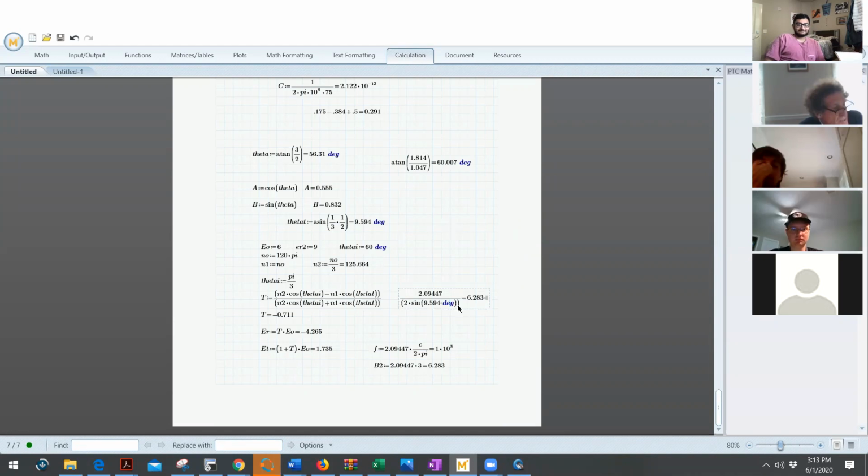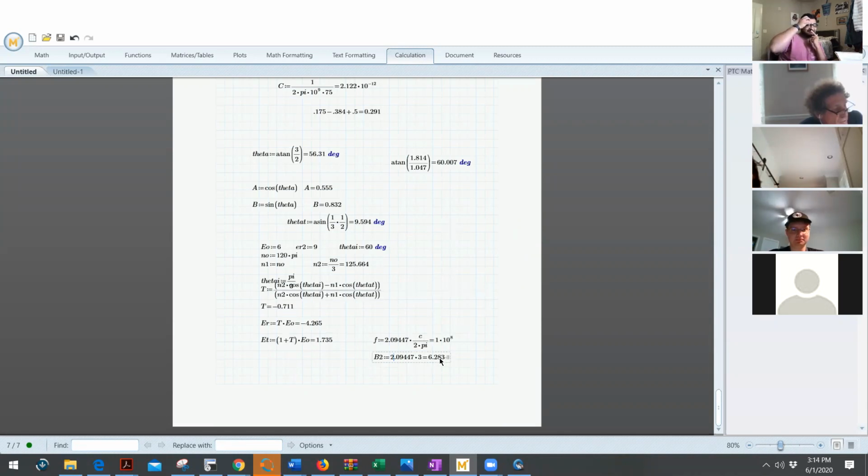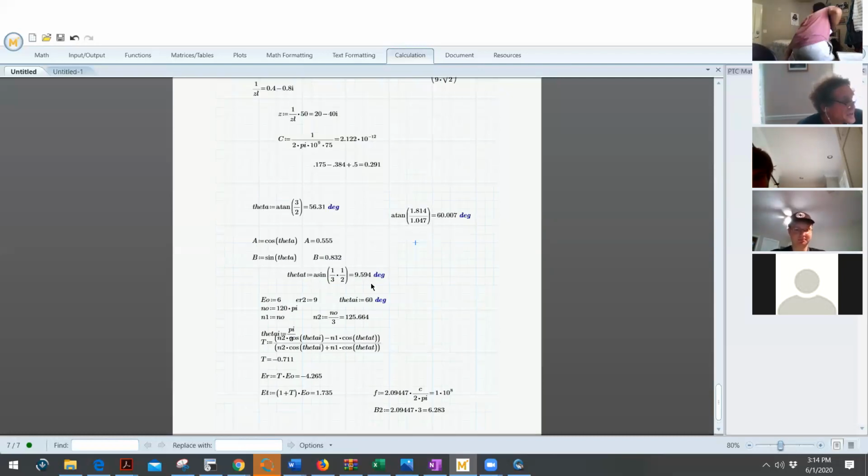Wait a second. This value of beta 2 is correct. What did we do? It was messed up. The transmitted angle, did we mess that up? I think we did. I think this is messed up right here.